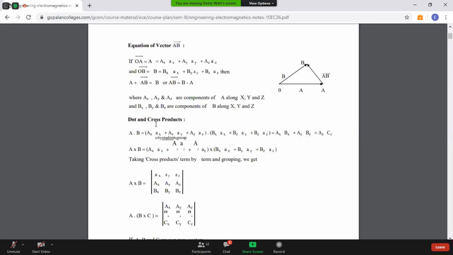Yes, sir. 0. So if they are at right angle to each other, A times B times cosine of the angle between them would be 0, right? Yes, sir. And if they are parallel to each other, the angle between them would be 0. So cosine of 0 is 1, right? Yeah.